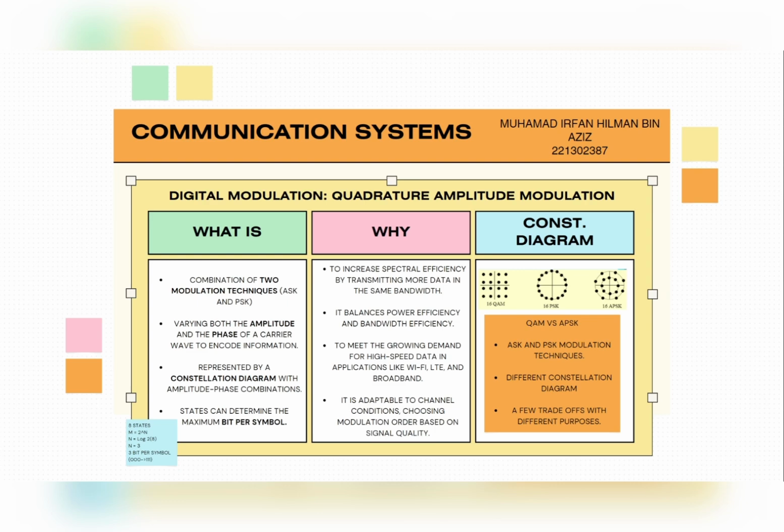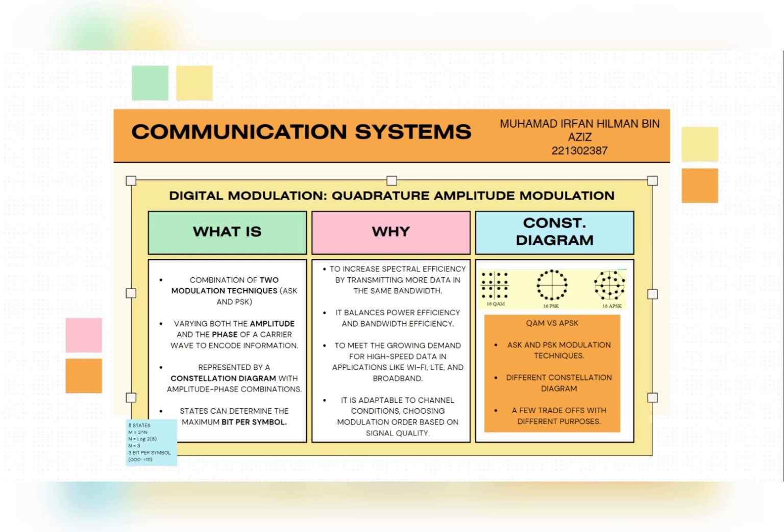It combines amplitude modulation and phase modulation by varying both the amplitude and the phase of a carrier wave to encode the information. Also, it can be represented by a constellation diagram with amplitude-phase combinations. QAM can also determine the maximum bits per symbol using the states given.